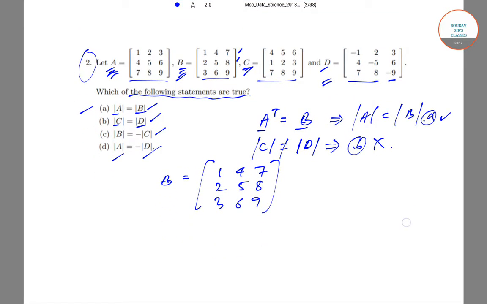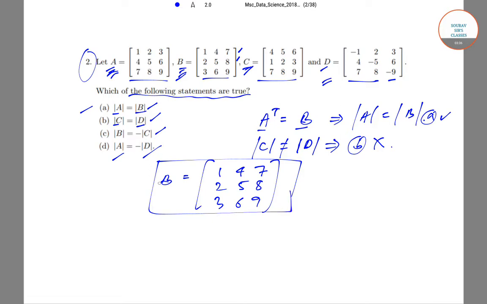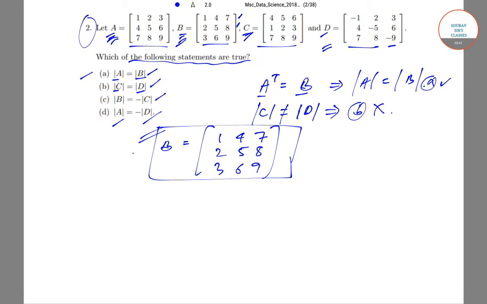But let us not take the matrix B, because the process that we can follow in determinant of B is not exactly correct. So let us ignore this part, we'll come back to this later on. Let us consider the matrix A. The matrix A is given by 1, 2, 3, 4, 5, 6 and 7, 8, 9.